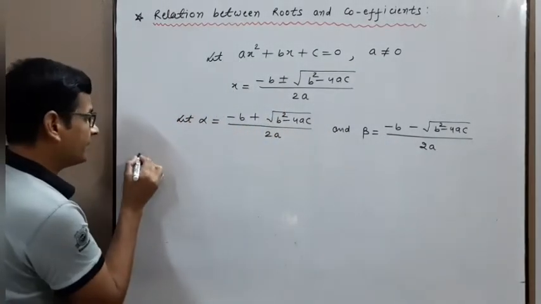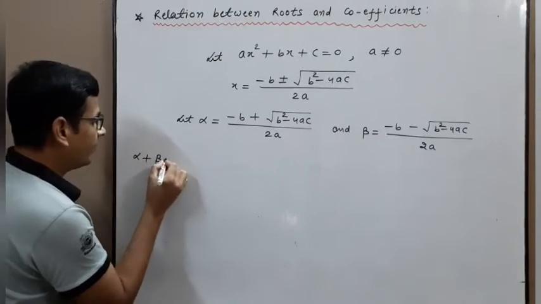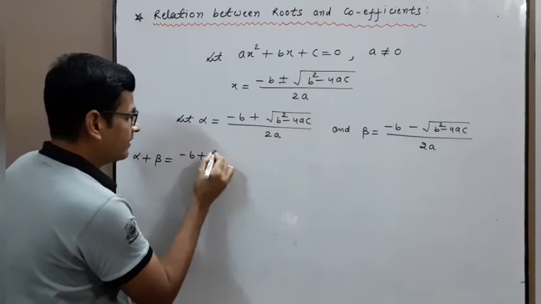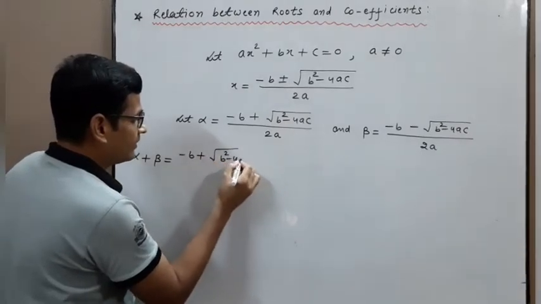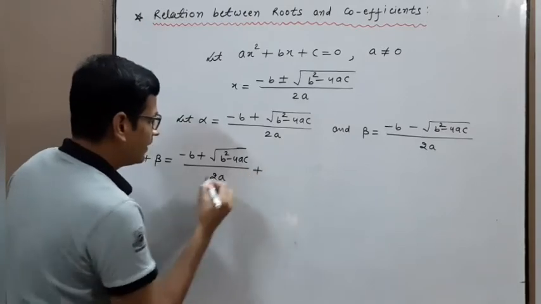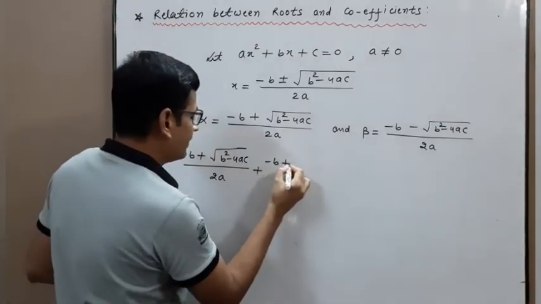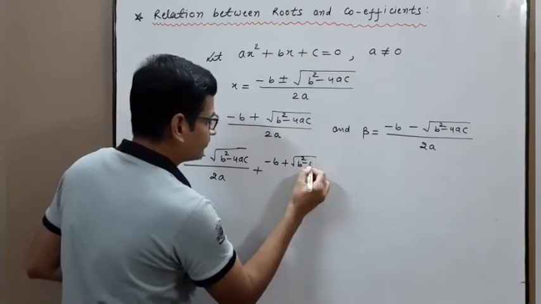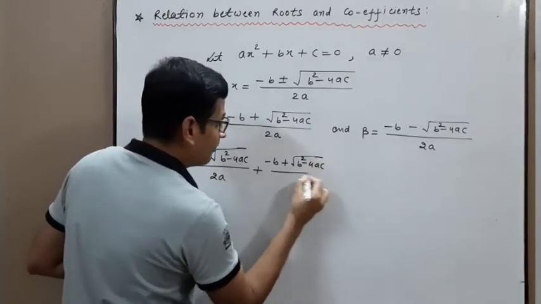Now find alpha plus beta. Alpha plus beta is equal to minus b plus root b square minus 4ac upon 2a plus minus b minus root b square minus 4ac upon 2a.